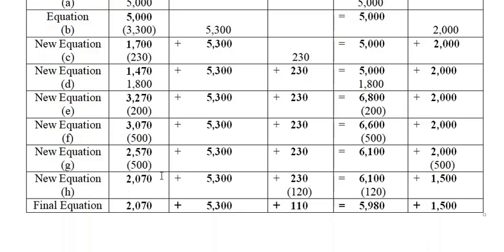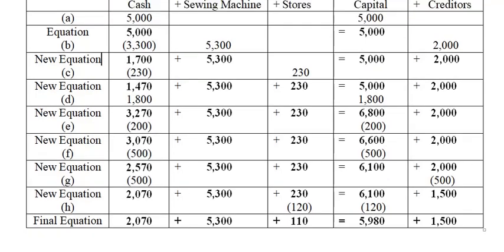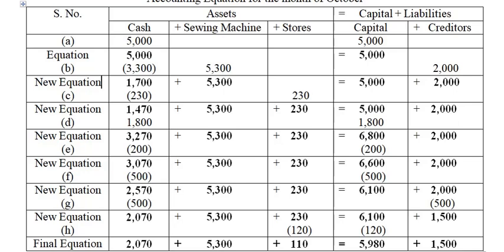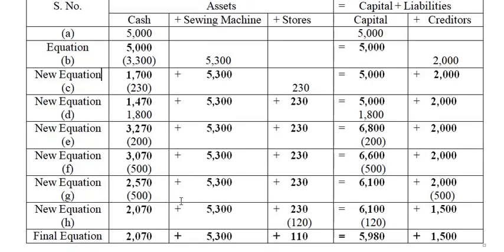In point number G, you are making the payment to the suppliers of the sewing machine. You are making the payment of rupees 500, so cash will decrease. Now when you pay off your debt, what happens? If you are paying the creditors, your credit amount will get decreased.